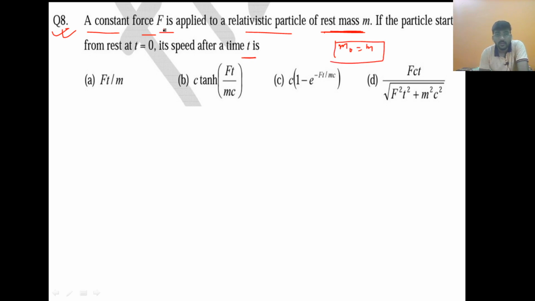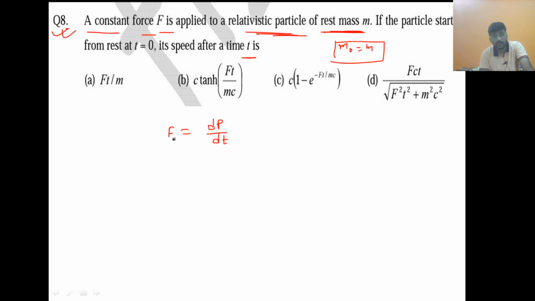Okay, the constant force F. So what will be the force F? F will be nothing but dp over dt according to Newton's second law. But this p is the relativistic momentum, you have to mind it. Because the particle here is a relativistic particle, and the particle starts from rest.